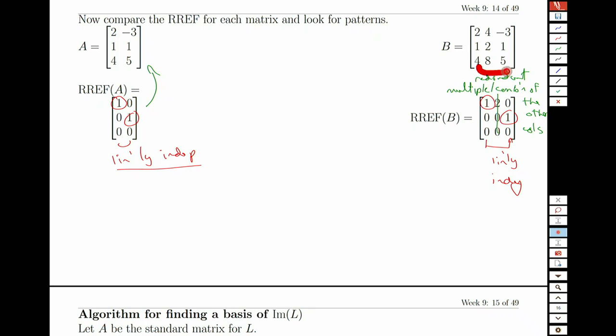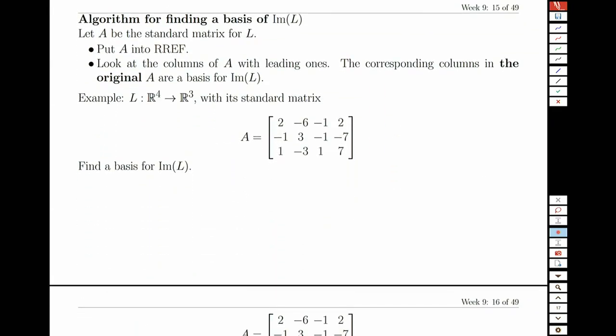The 3-column matrix is a little more interesting. We just kept the first and last vectors because they made a linearly independent set. And conveniently, when we look at the RREF version of that same matrix, oh, look, we have the same linear independence in the first and third columns, pointing to maybe we could throw away the second column. And that's what we're going to bottle up into an algorithm.